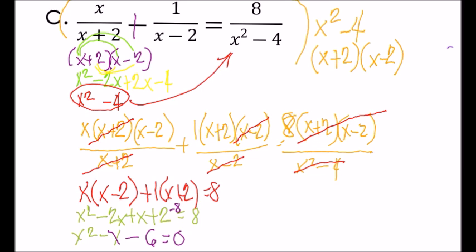Now let's find out the value of x by factoring x squared minus x minus 6. Let's find out what two numbers we can multiply that will give us negative 6, and if we subtract, the value will be negative 1, which is the coefficient of x here.